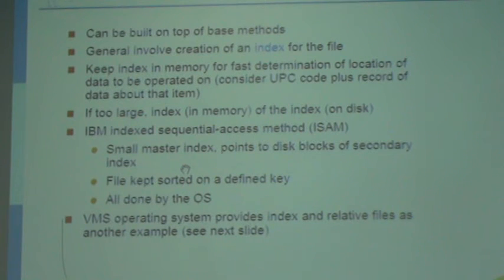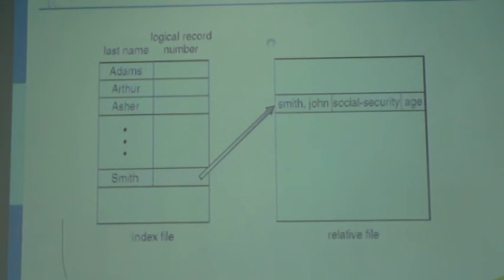You find another address, which leads to the secondary index, and the secondary index will show where the actual data is located. This is not done by the operating system. This has a two-level index.